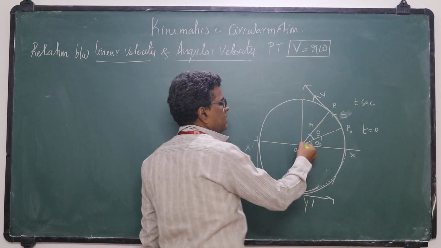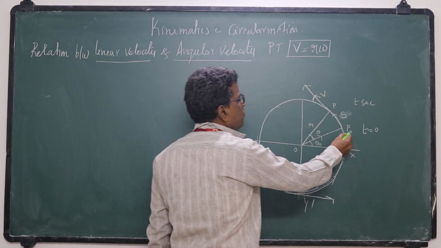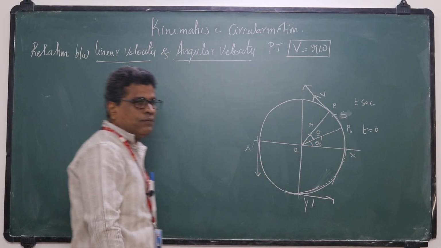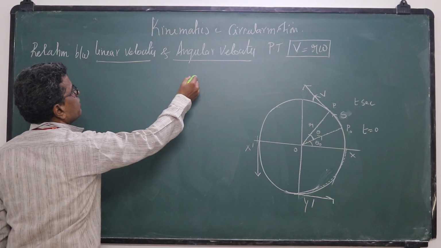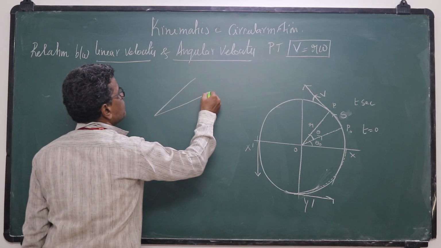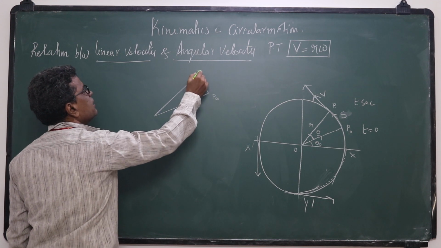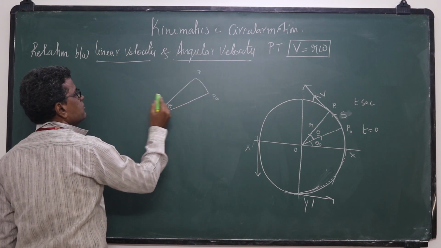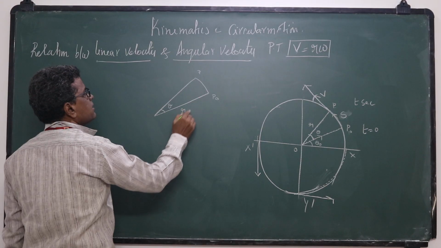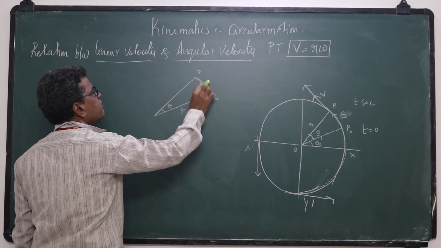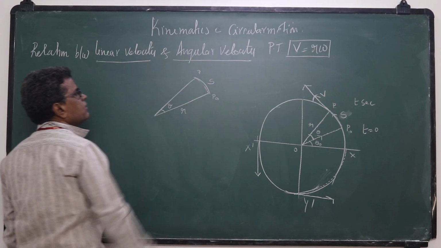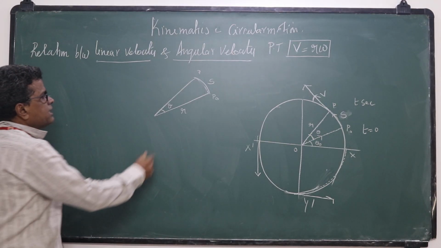It looks like a sector, S, P naught, P, O. This is the radius, and this arc length, let it be S.